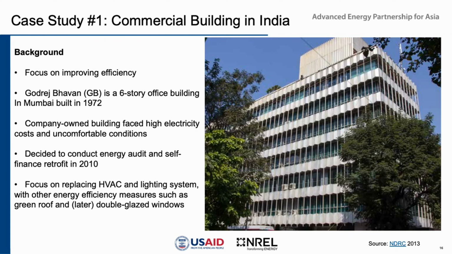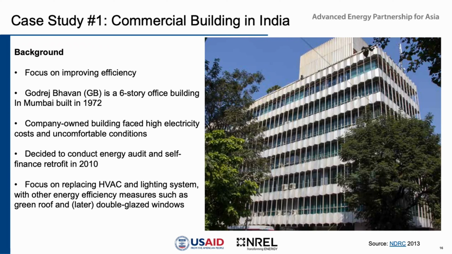financed a bunch of measures to improve the efficiency of the building, and they focused on the heating, ventilation, and air conditioning system and the lighting system, and then did a few other different things like put a green roof on the building, and then later they installed double glazed windows.